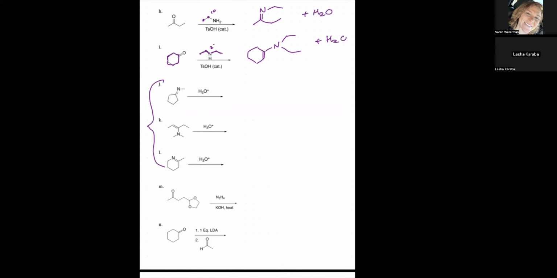So what happens is this first one, we know that this is a primary imine. We have the double bond connected directly to the nitrogen. So this is a primary. What ends up happening is we have the same structure, oxygen in its place, so to speak.